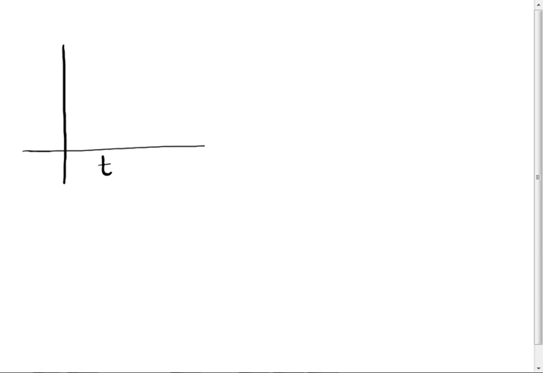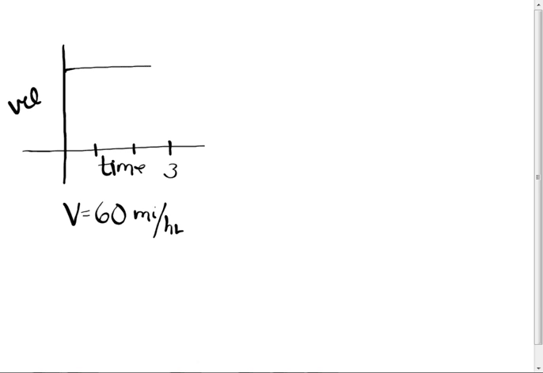that if I wanted the area under the curve, if this is time and this is velocity, and I say that the velocity you're traveling at is a constant 60 miles per hour, and you travel for 3 hours, I would get a horizontal line, and I could find the area under this curve, right?